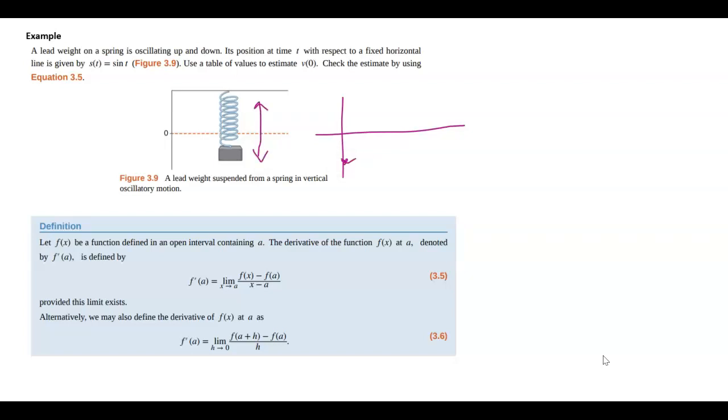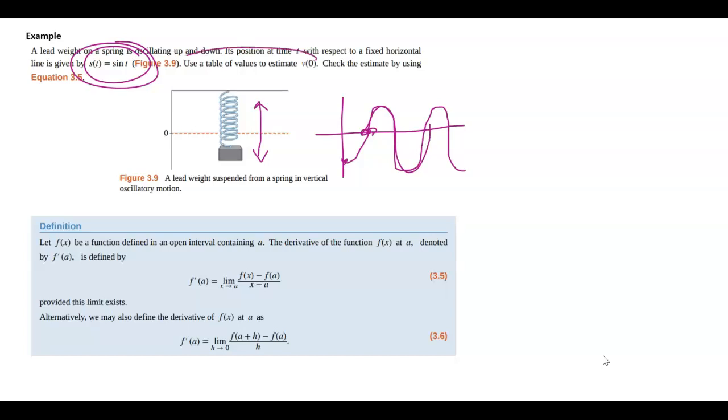So the position of the spring ends up oscillating back and forth like so. We can use a sine or a cosine function in order to model this. So let's just say time starts here, and then that's like 1 revolution of the spring going up and down.